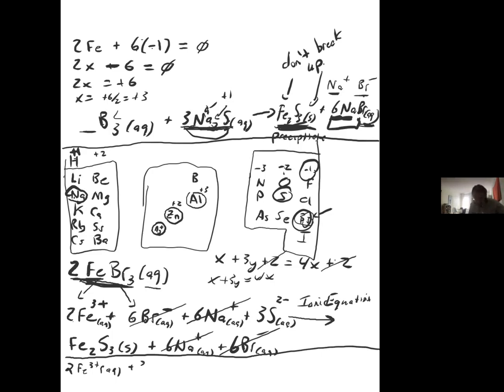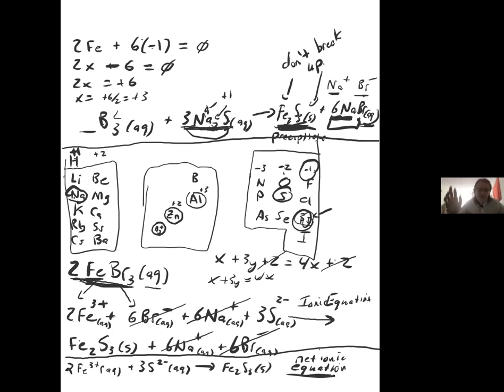Plus 3S2- aqueous goes to Fe2S3 solid. And then that's it, right? We're done. There's nothing left. Everything else has been canceled. This is called the net ionic equation. Okay, that's the net ionic equation.